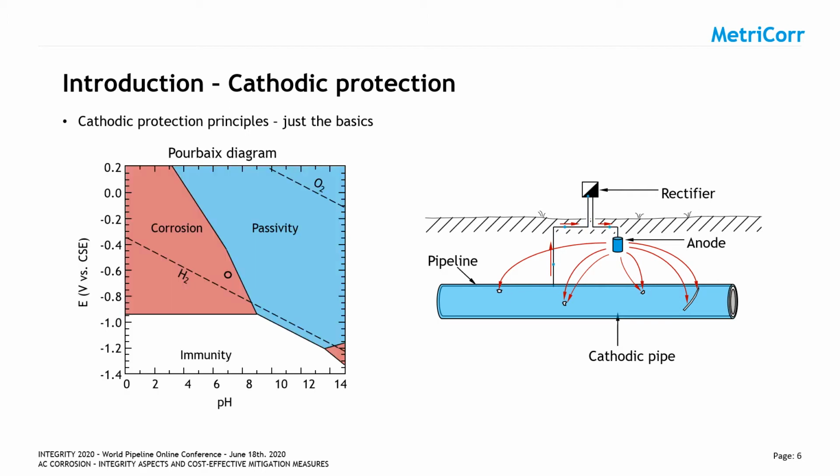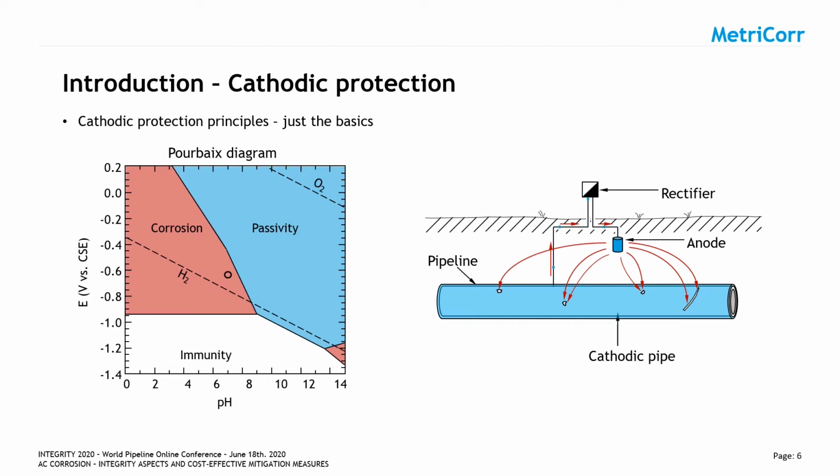Cathodic protection can also be illustrated using the Pourbaix diagram. If we consider a point in the middle of the diagram at the open circuit potential of steel and the neutral pH of 7, this is in the corrosion domain of steel.